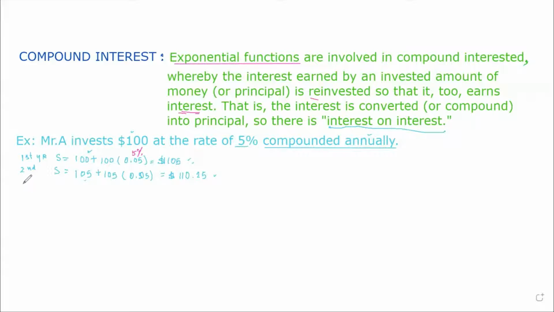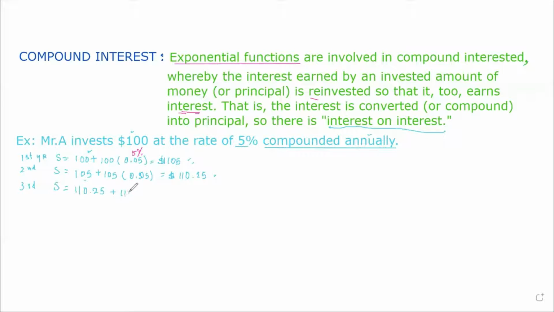Okay, so now if you want to continue to the third year, say the end of the third year, what are you going to have? $110.25 is going to be the principal of the third year, not 100. So the principal of the third year is 110.25, plus the interest.